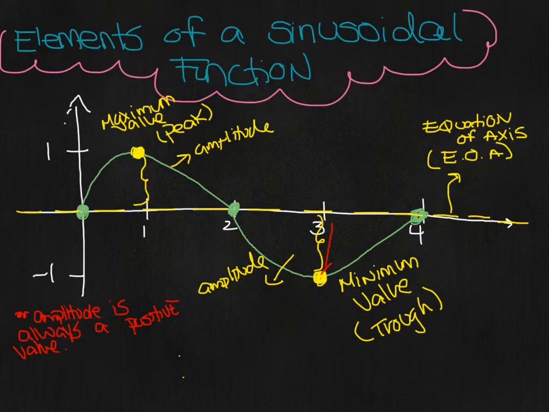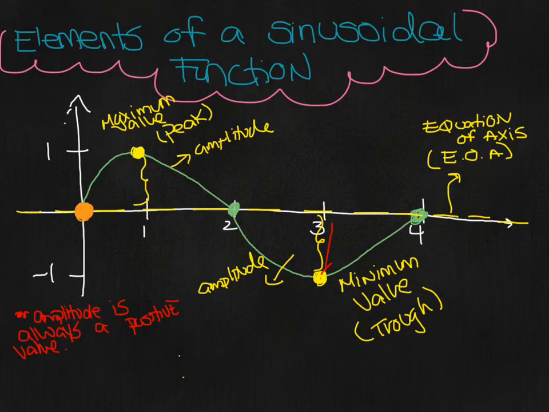So in order to determine the period of any given sinusoidal function, a key property is that we pick a starting point in terms of our graph. So let's say that we want this to be our starting point of our sinusoidal function, and we want to determine what the period is. Well, in order to complete one period, you're going to go from your starting point.